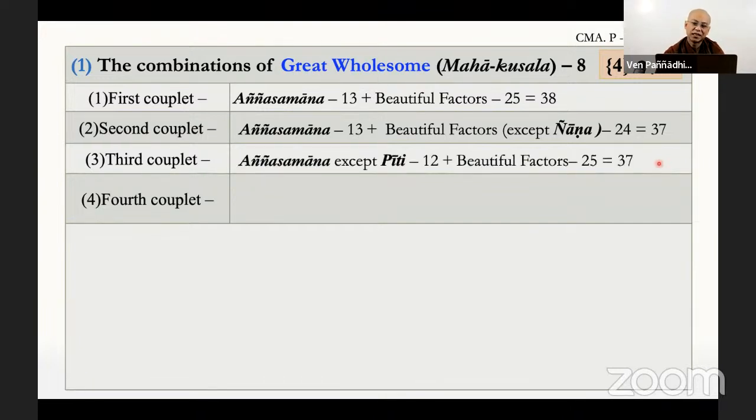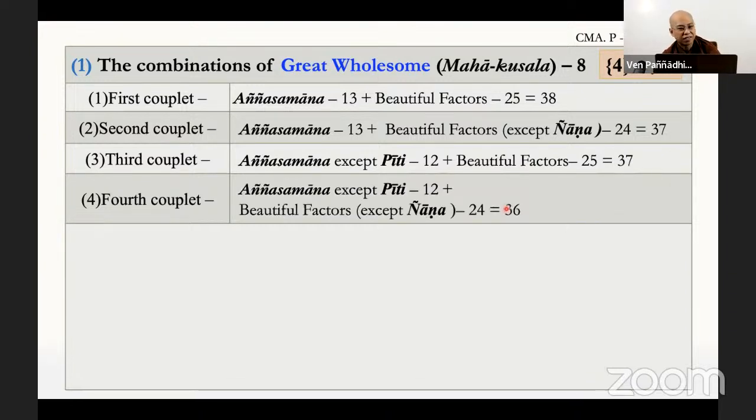So here in the beautiful factors, no exception, because this becomes Jnana Sampayutta again. But because the feeling is Upekkha Sahagata for the third couplet, it becomes the piti exception, the 37. But for the fourth one, 36, because there's no piti and also no jnana. So this is 36.